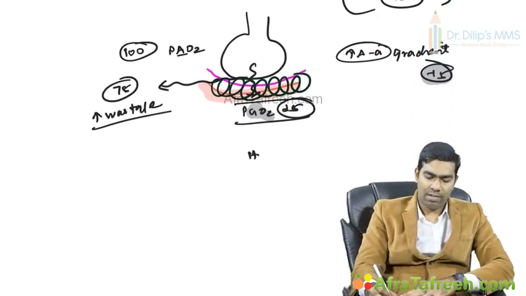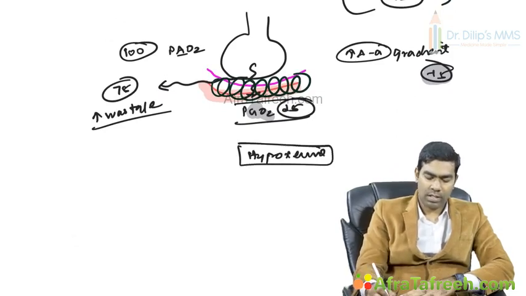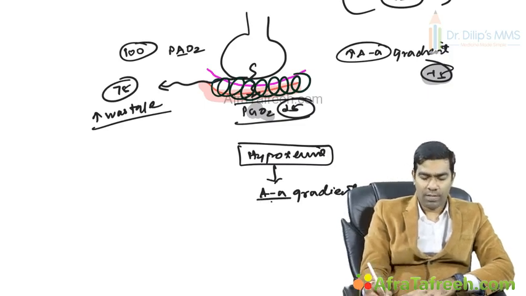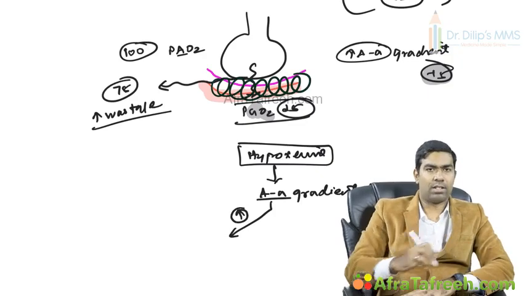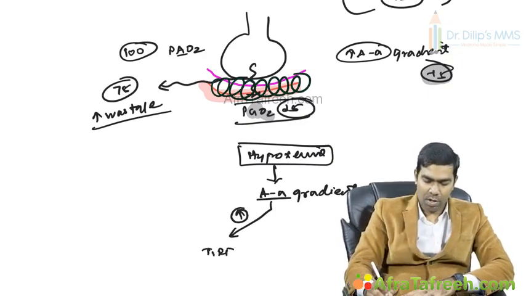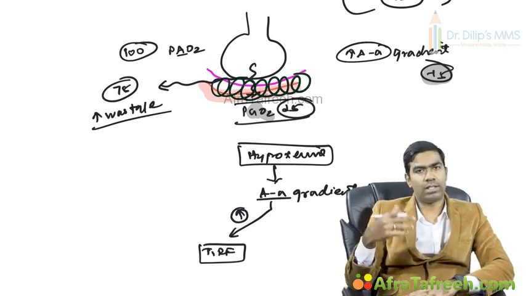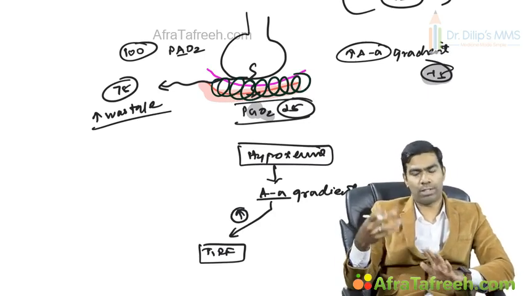So whenever you have a patient with hypoxemia who is struggling to breathe, see the A gradient first. Whenever the patient has suspected respiratory failure, the first thing we'll be doing is seeing the A-a O2 gradient. If the AaO2 gradient is increased, definitely there is some problem in the movement of oxygen.